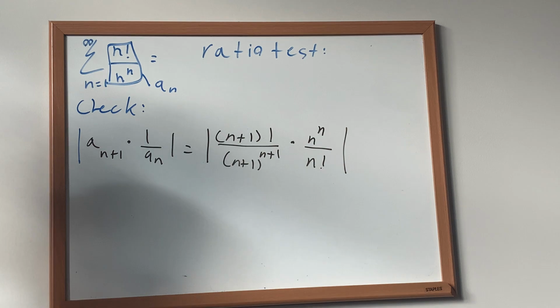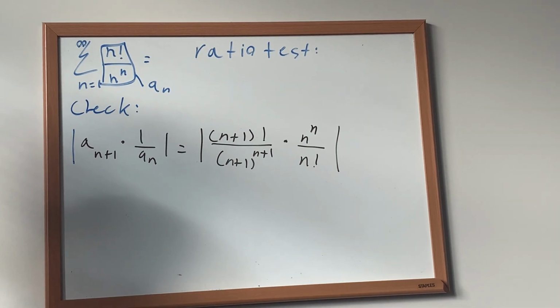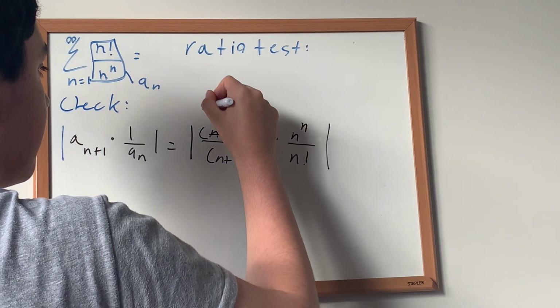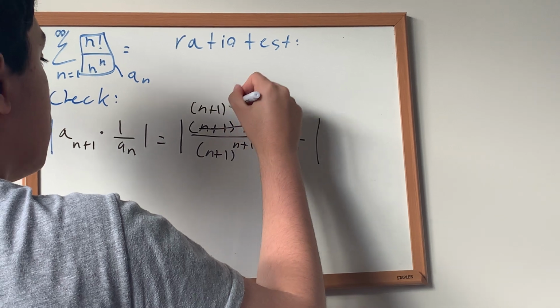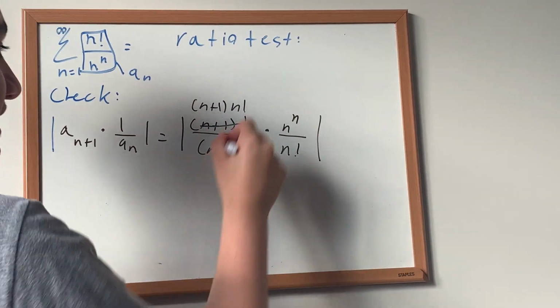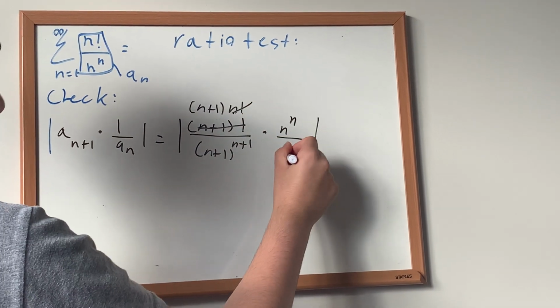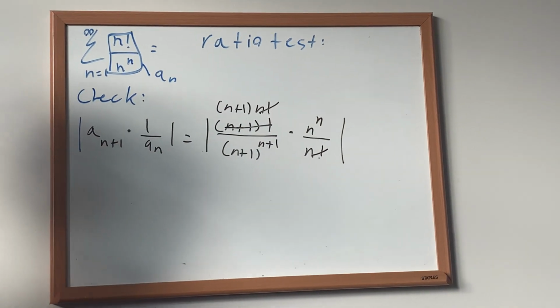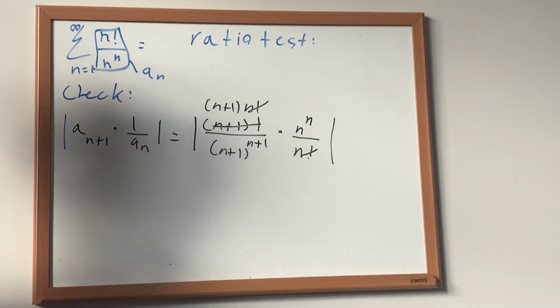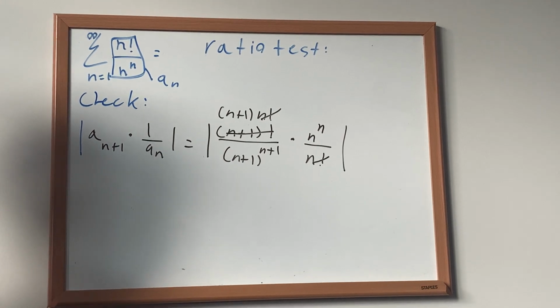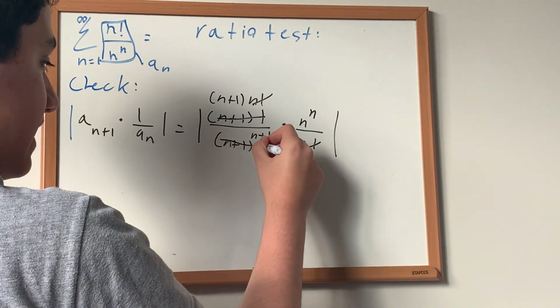Now, how do we solve this? So we can simplify the numerator that is n plus 1 factorial, so we can write it as n plus 1 multiplied by n factorial. And you can see that this n factorial and this n factorial nicely cancel. And then we can use our formulas for exponential to simplify this.